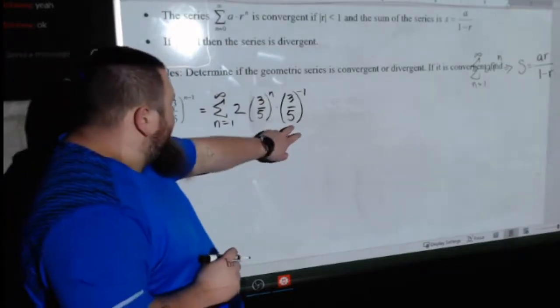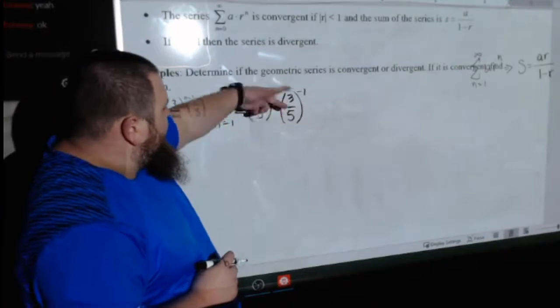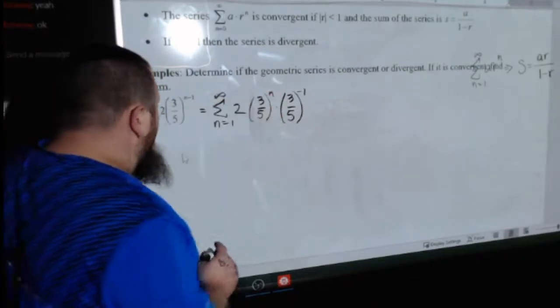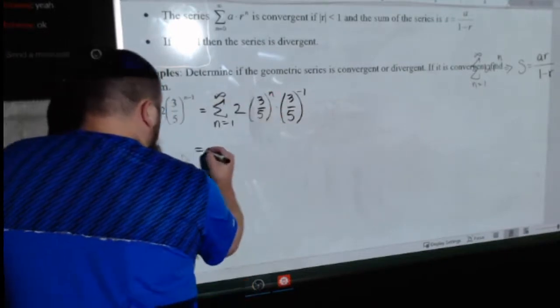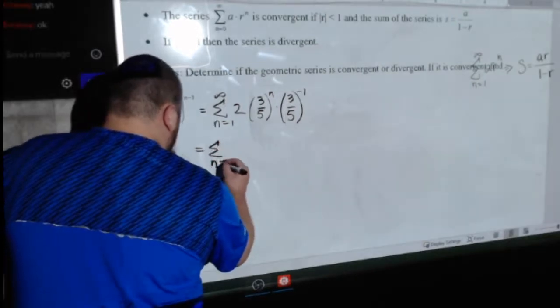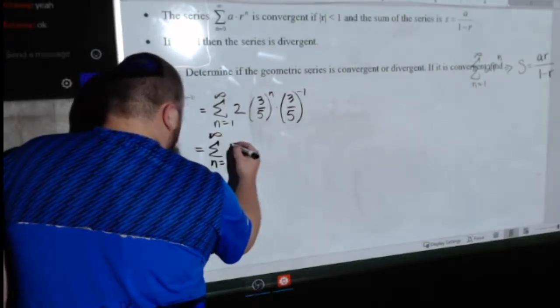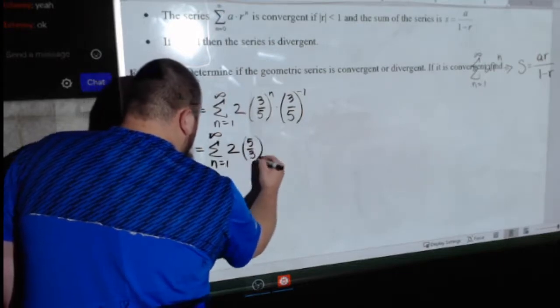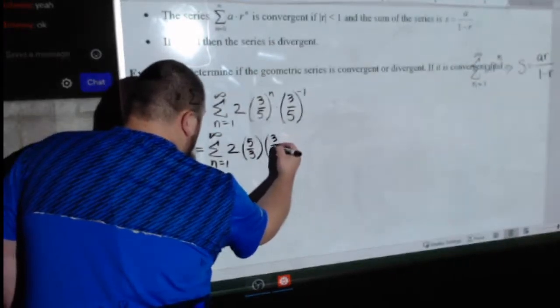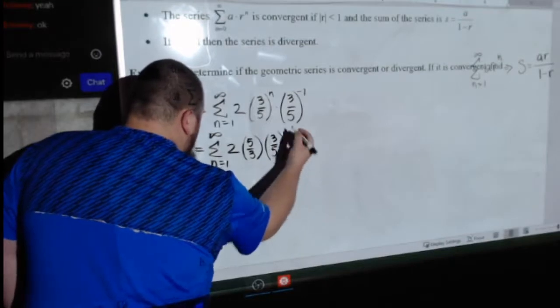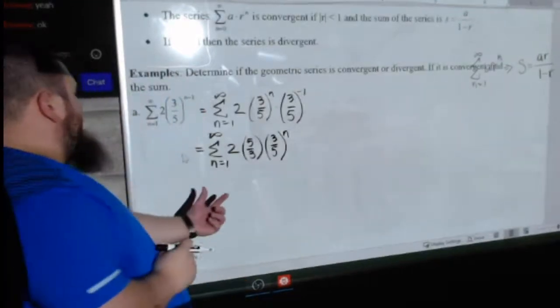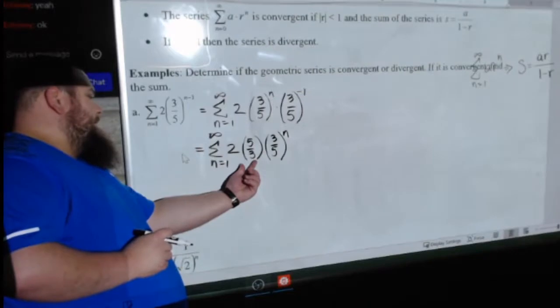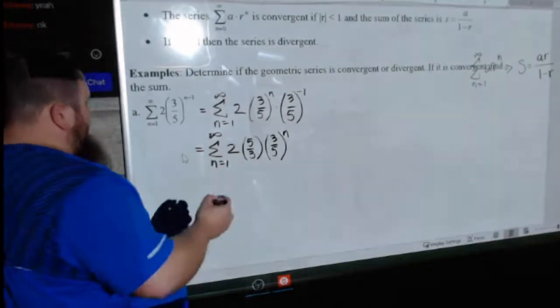And then this 3/5 to the -1 is really just 5/3. And so I can combine this 2 and 5/3 here and make it 10/3.